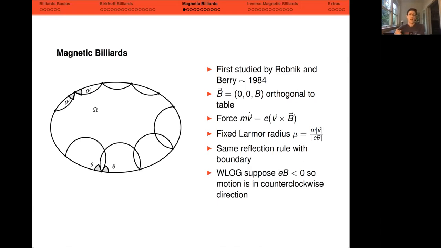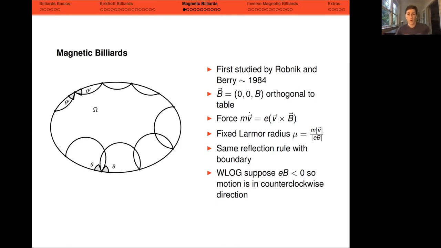A charged particle in a uniform magnetic field like this is subject to the force: mass times acceleration is charge times velocity cross magnetic field, where the cross is the usual cross product in R3. And so what this gives us is uniform circular motion.